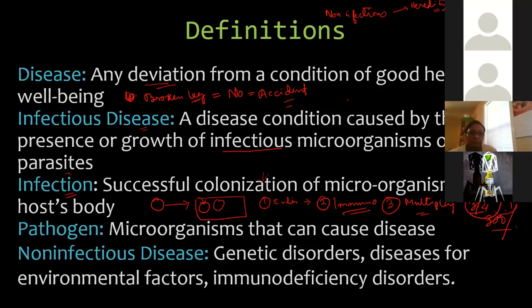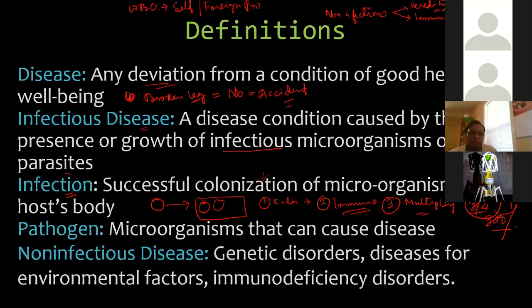Then let's say immune deficiency, you get allergy. This is dysfunction of immune system cells, mostly the WBCs, which can recognize the self protein versus foreign protein.